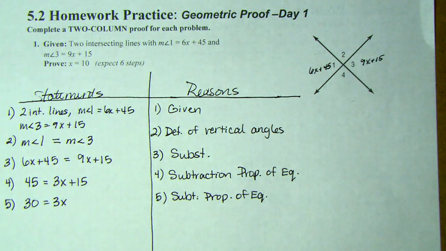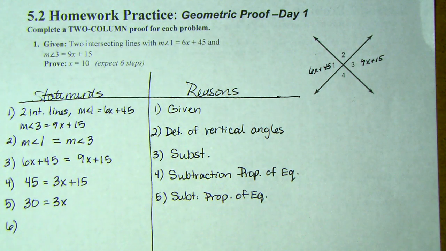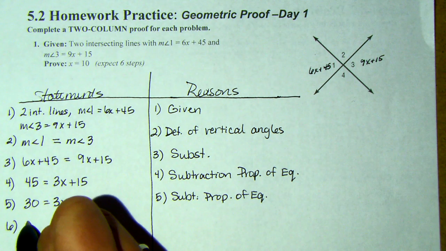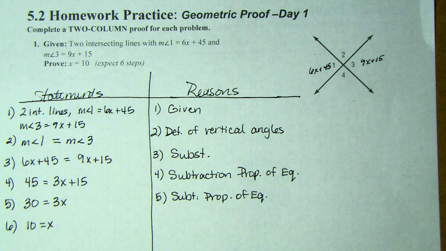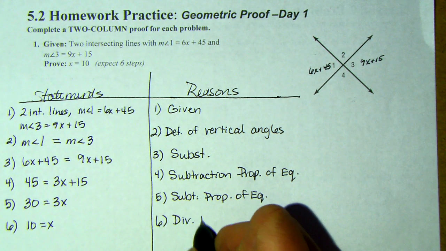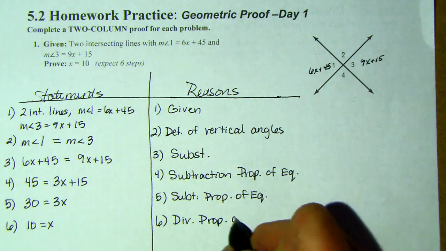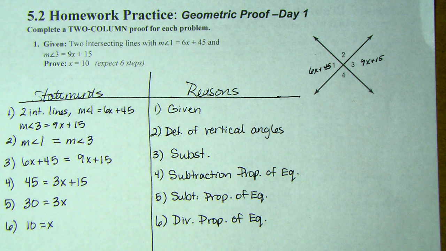First I subtracted 6x from both sides, then I subtracted 15 from both sides. What is left? So divide by 3, right? And we get 10 equals x, or x equals 10, right? And you already said it. It's the division property of equality.